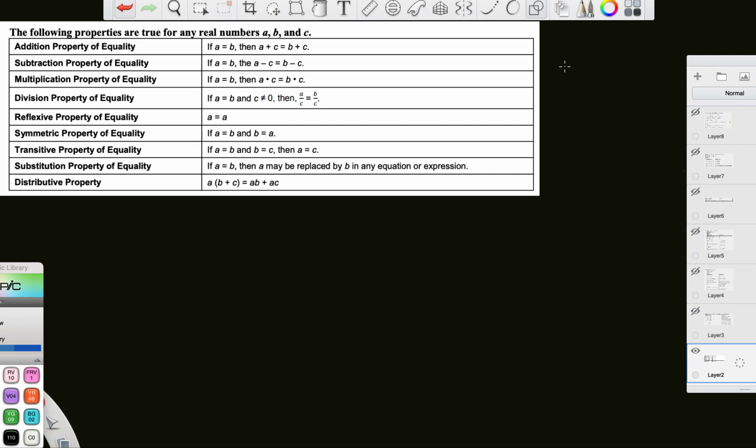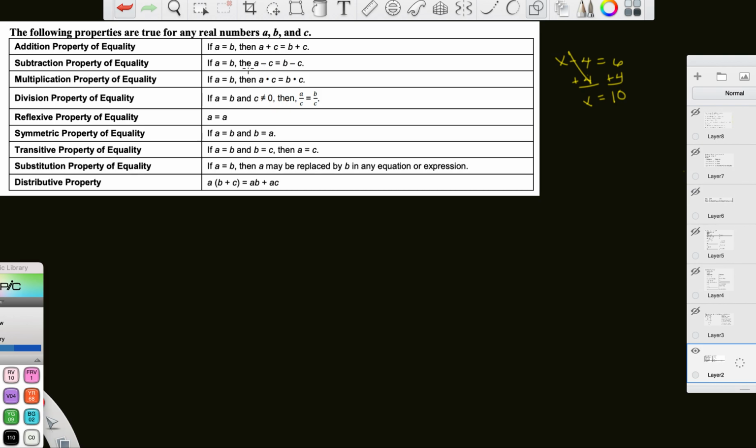When you've had an equation that looks like x minus 4 equals 6, and you've added 4 to both sides of an equation, that's the addition property of equality. So you've done this before, right?